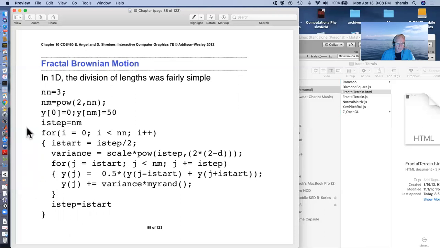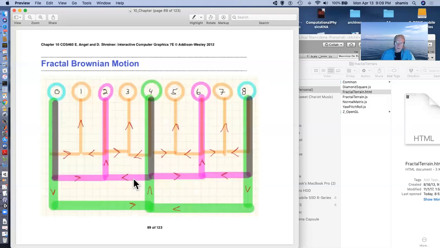And then we start this almost recursive algorithm where we divide the interval in 2, set our variance with this power scale, and then set the midpoint of our interval as being the average of the two points on either side of it, with a random variance added to it.